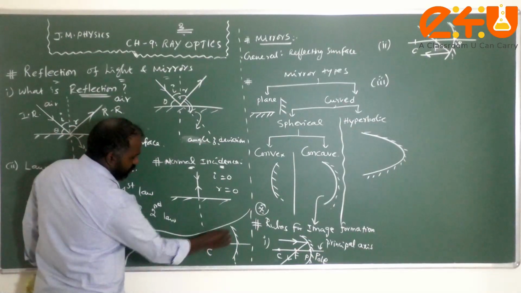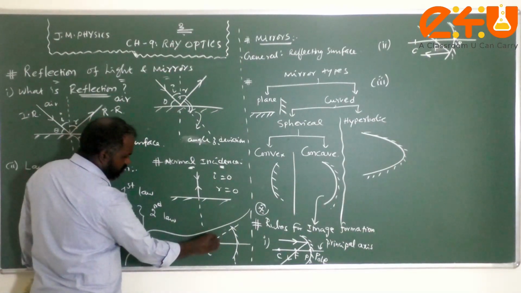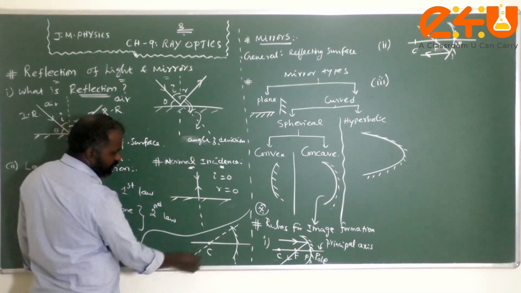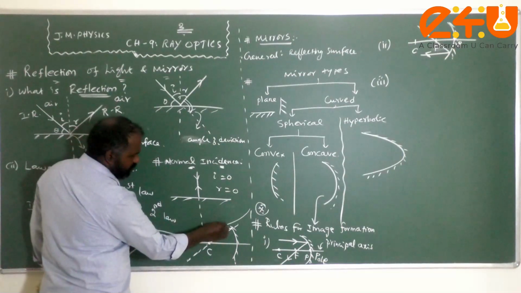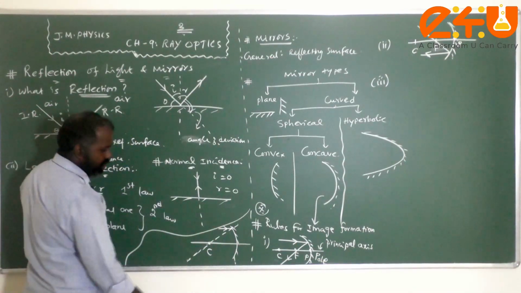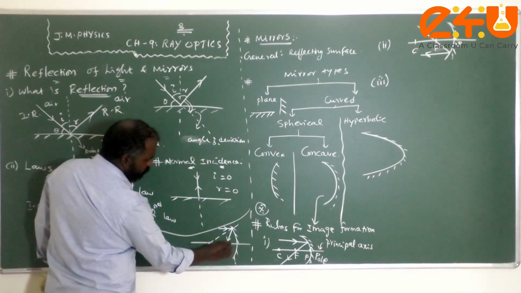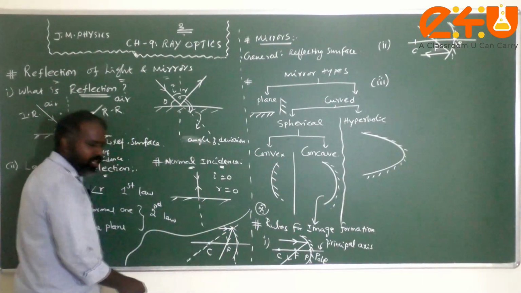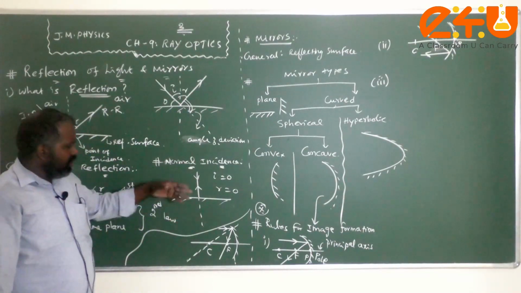of curvature. A line drawn through the center of curvature of the mirror is taken to be the normal if the incident rays are falling like this. Okay children, this is a small thing you just keep in mind. In the case of plane reflecting surfaces, it's very simple.